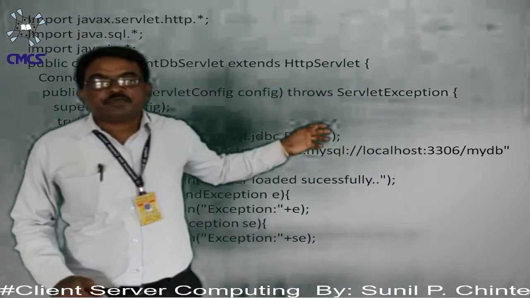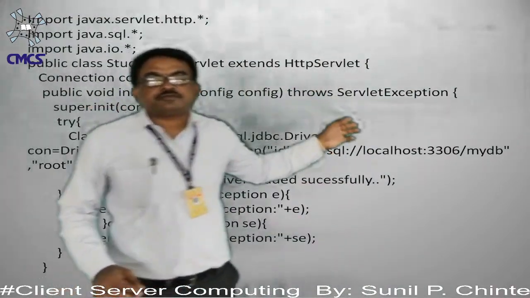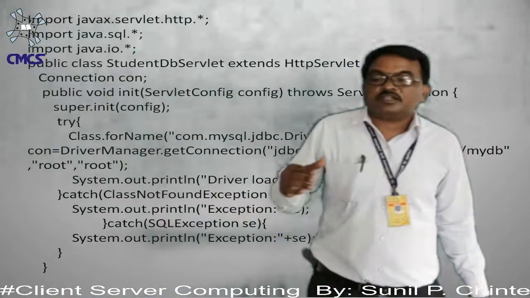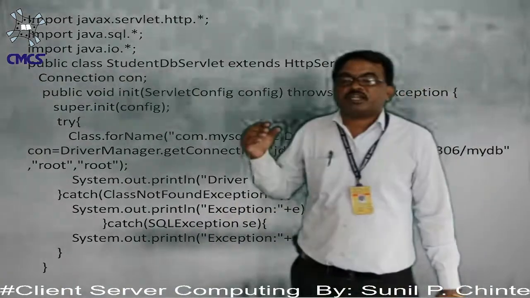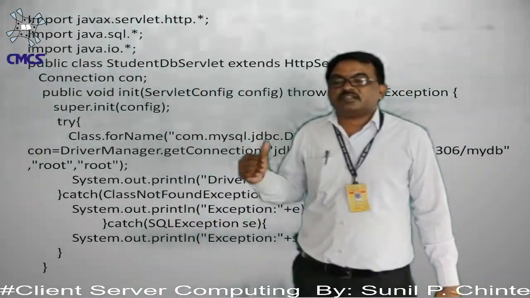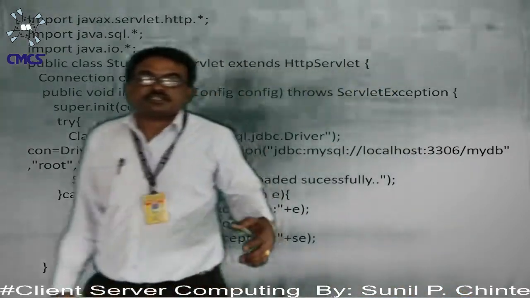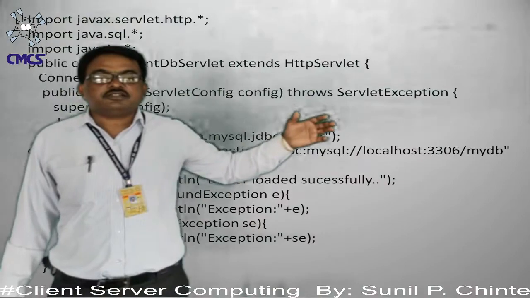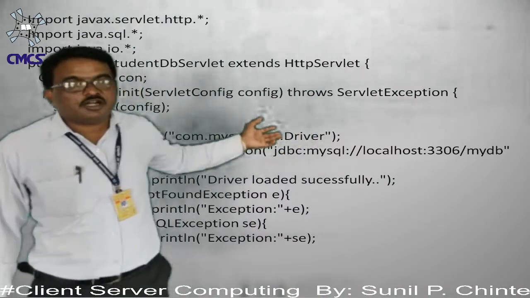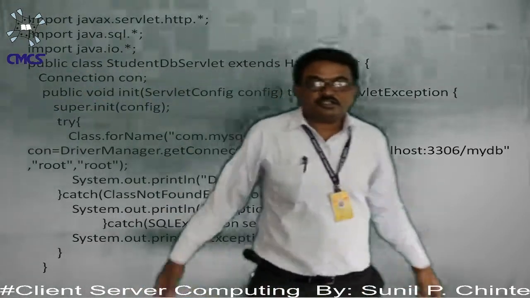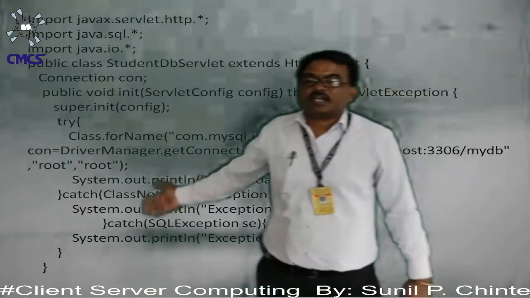This is the overridden init method, where we register the driver and make the connection with the database. This method can throw an exception, so we have written the syntax in try-catch blocks.